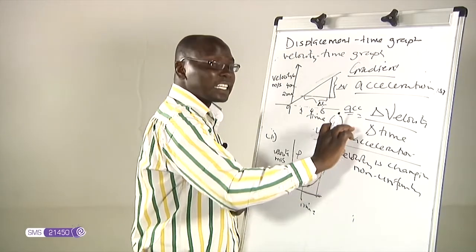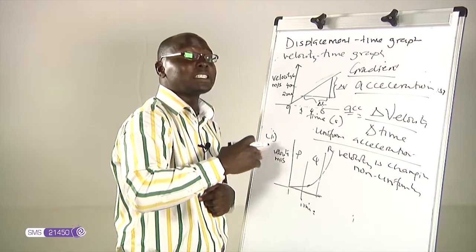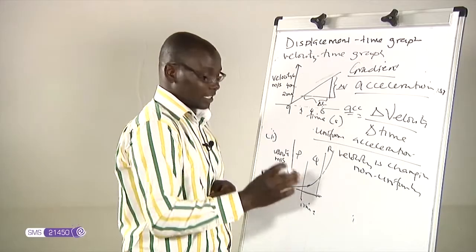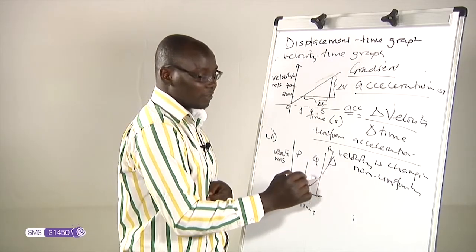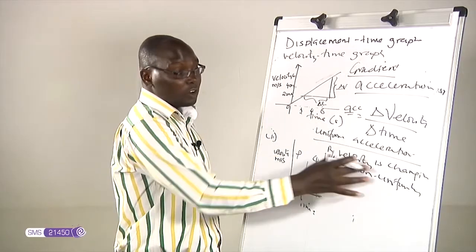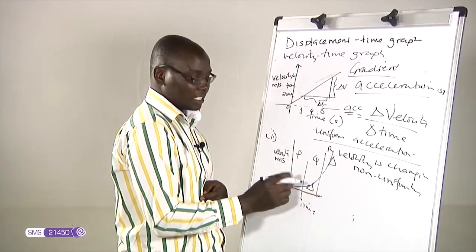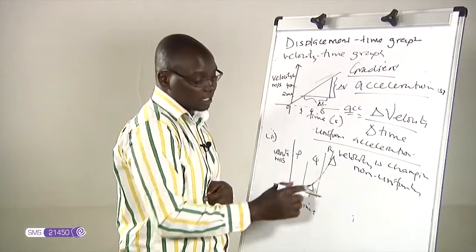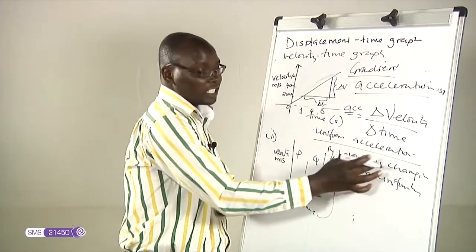Here the rate of change of velocity in time is very high, therefore the body is seriously accelerating. Here it is picking up, because the gradient at all these points is different. Here it's very high, non-uniform, but actually it's increasing. Here it is not so high, but the body is almost picking up. So as I've said, this is a body whose velocity is changing non-uniformly.